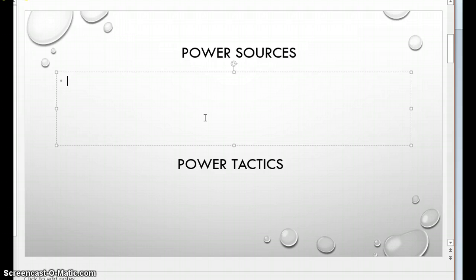So when we're talking about harsh sources of power, we're looking at coercive power, where someone fears punishment if they don't follow your lead. Then there's also reward power, the opposite of punishment, where they expect a reward if they do follow you. So it's not necessarily that they fear punishment, but they want a specific reward. And so when you have reward power, people will follow you to seek the reward.